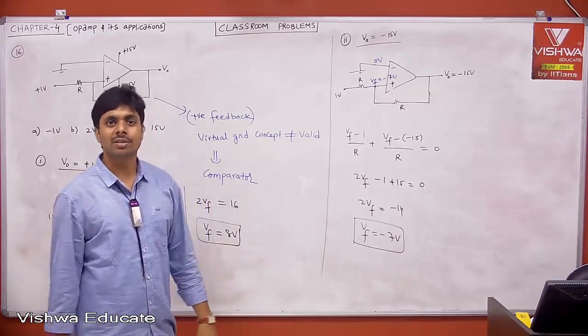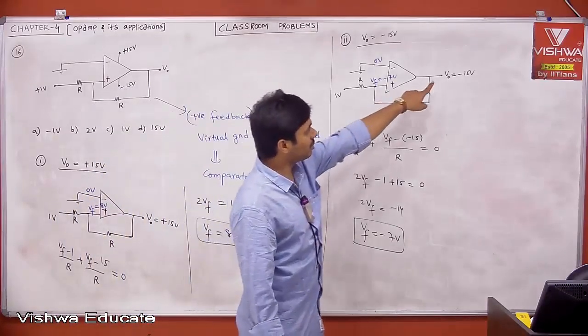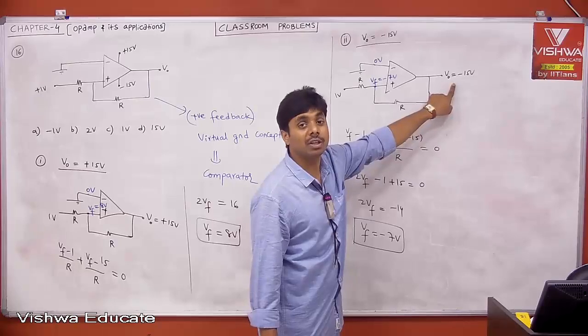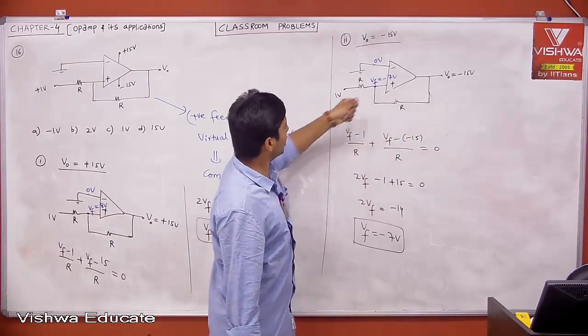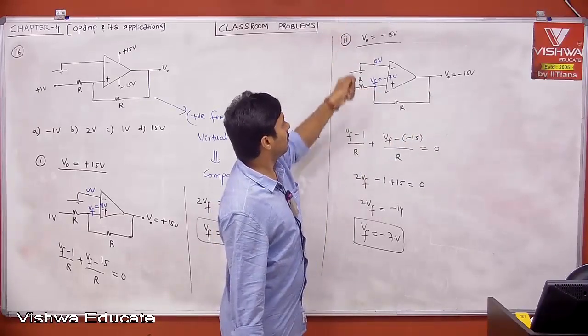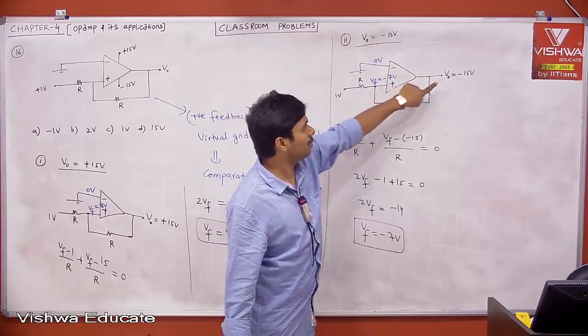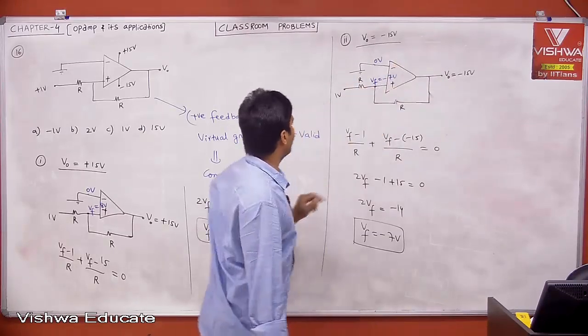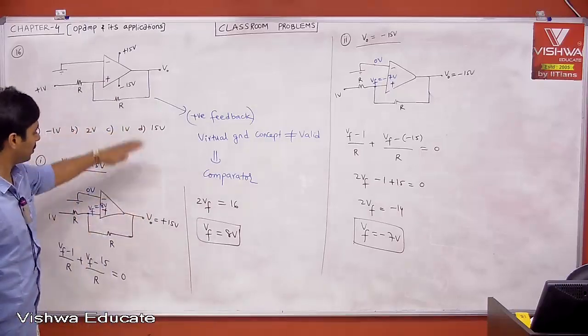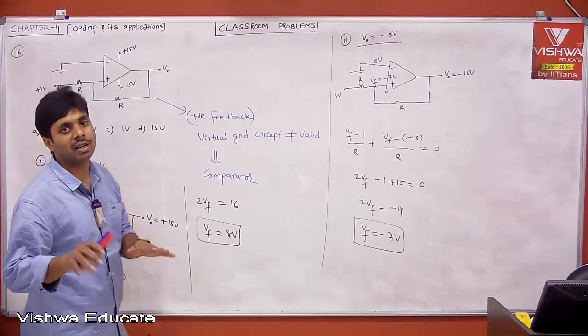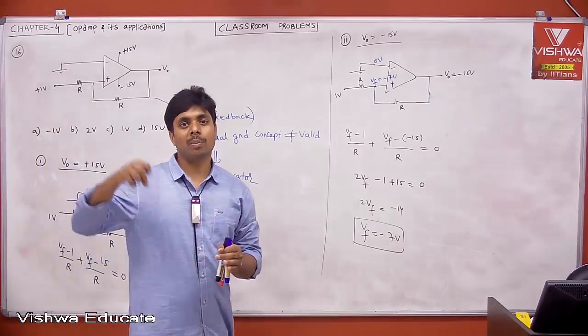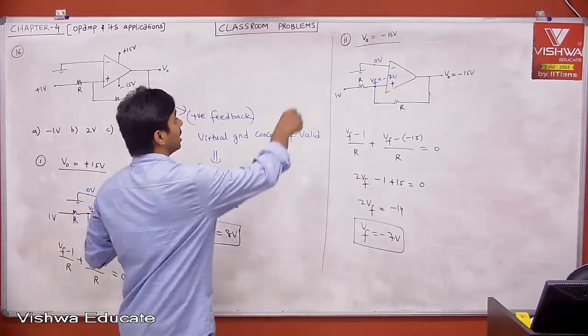That is also a solution. Again, if you want to disturb V0, what to do? Apply a positive trigger. When you apply a positive trigger, plus will be more than 0. Then output will switch from minus 15 to plus 15. Again, when output switches from minus 15 to plus 15, it will stay there. Therefore, both the states are stable until you apply some external trigger.